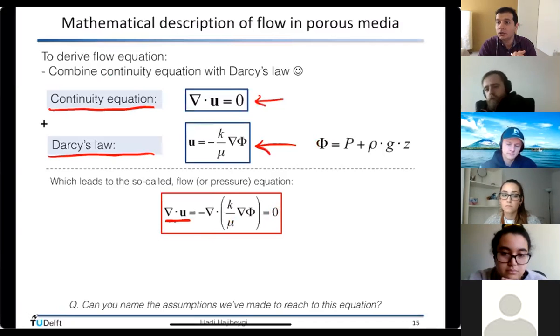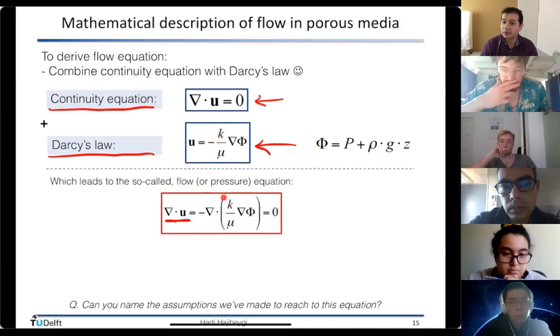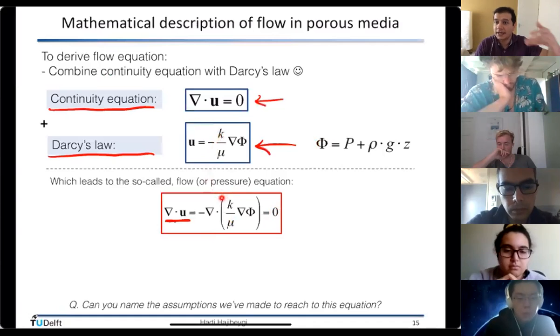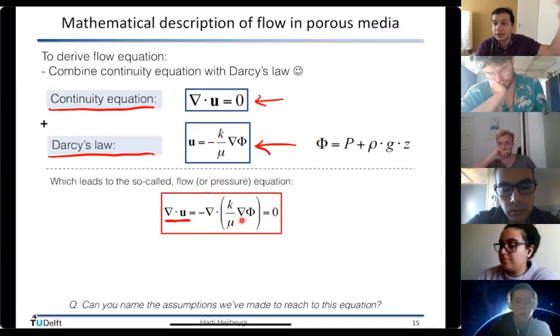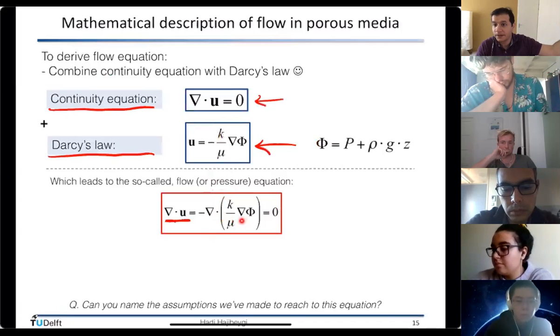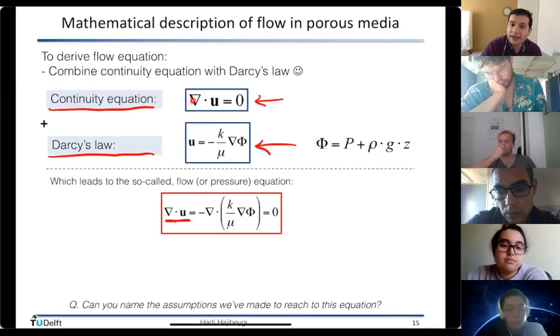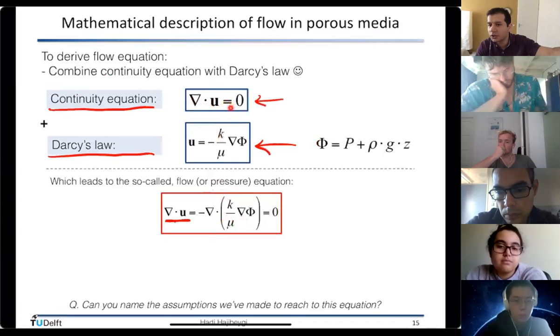What else? All the assumptions that I have made to obtain Darcy's law are still in place here, right? Laminar flow, Reynolds less than 10, no slip condition, all those assumptions that we discussed last time about Forchheimer. There is no Forchheimer here, right? It's Darcy's law. There is no Klinkenberg effect here, right? So divergence U is 0 is only valid when you have incompressible flow, irrespective of Darcy or non-Darcy.